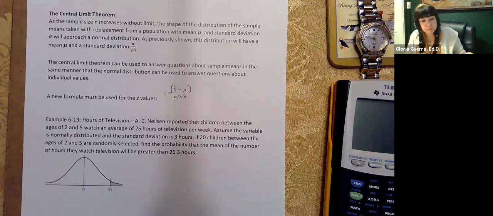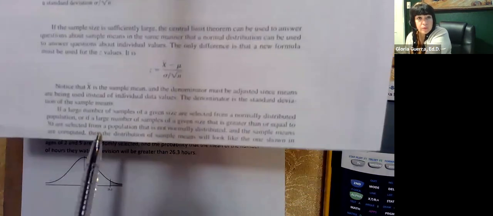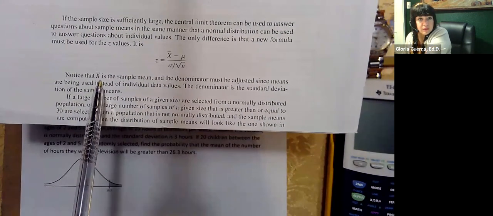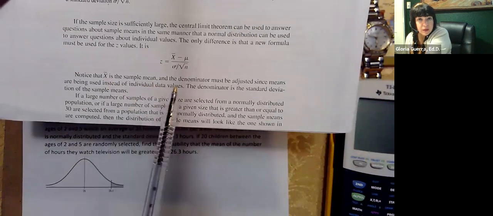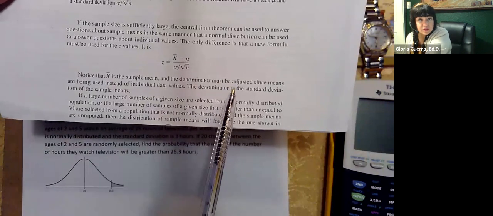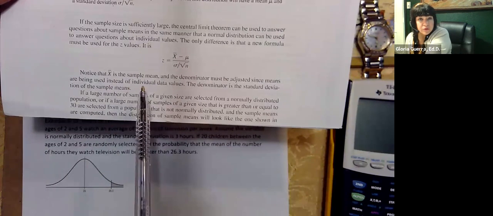Okay, so let's see. I also had a copy of a page from your ebook. A lot of this from the workbook is taken from the ebook. It does say here to notice that x bar is the sample mean, and the denominator must be adjusted since means are being used instead of individual data values.